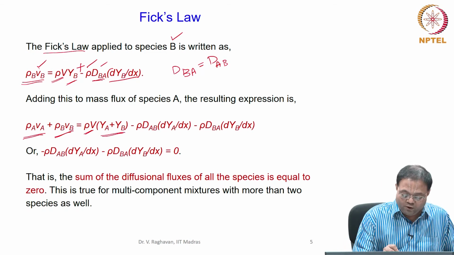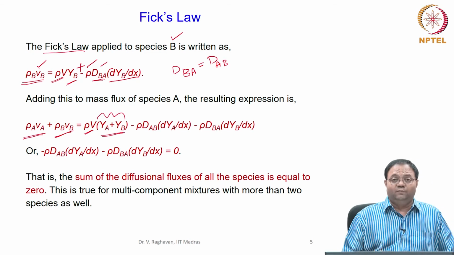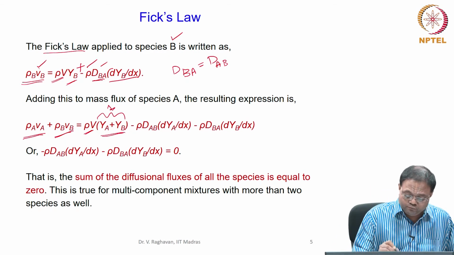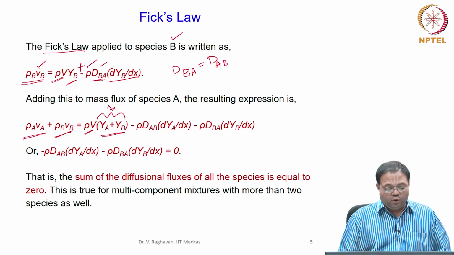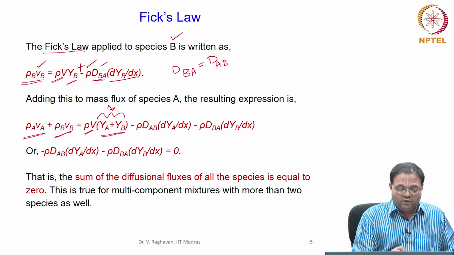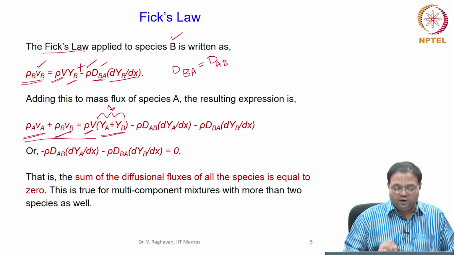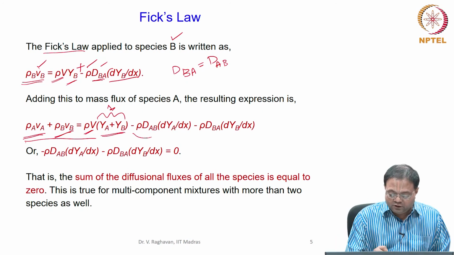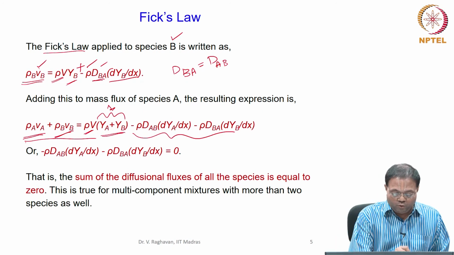This is equal to 1, because in a binary mixture the sum of mass fractions of each species will be equal to 1. So that is unity. Now by definition rho A VA plus rho B VB equals rho V. That means that these terms here will cancel each other, so this term here will go to 0.